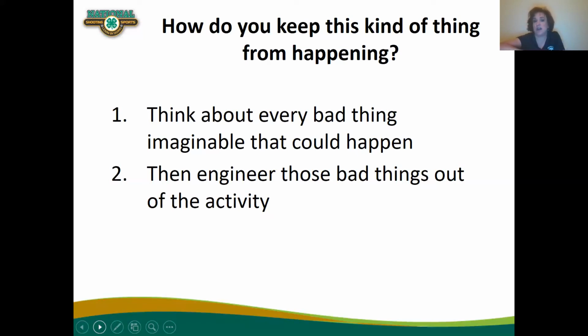Step 2, you then engineer those bad things out of the activity or the event beforehand. So what are the bad things that allowed this to happen? Because of the potential bad things that happened with this type of reactive target, there is now a national safety standard for 4-H shooting sports regarding reactive targets that you've learned about already.